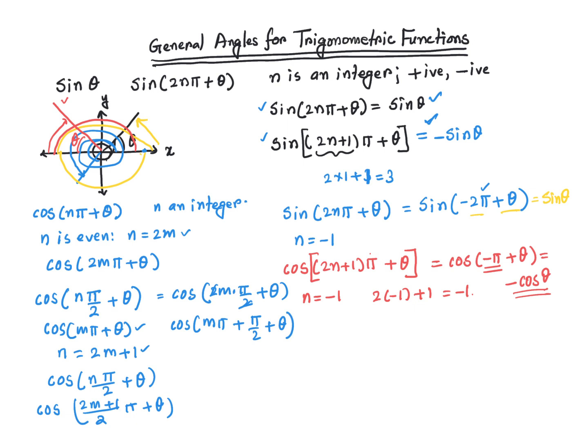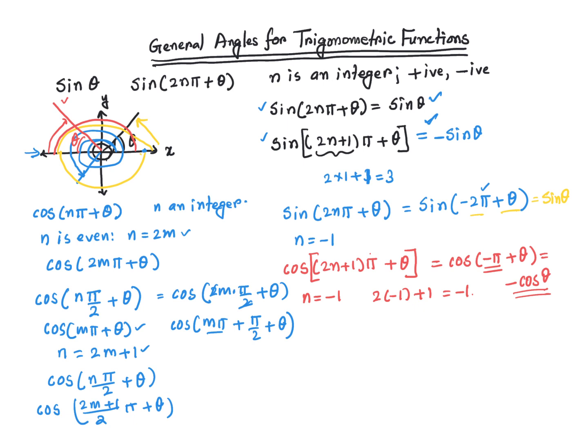So this is the one where you kind of have to think about where it lands. So what is the ultimate sign of this trig function going to be? M pi, if m is even, then of course you're going to make a full circle, so nothing to worry. If m is odd, you're going to land here.